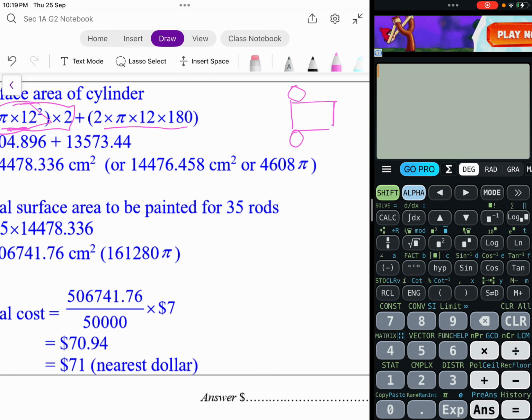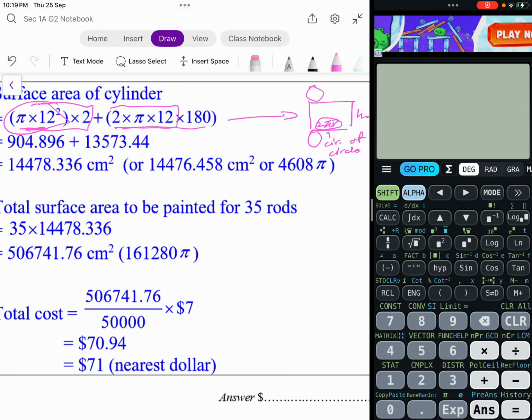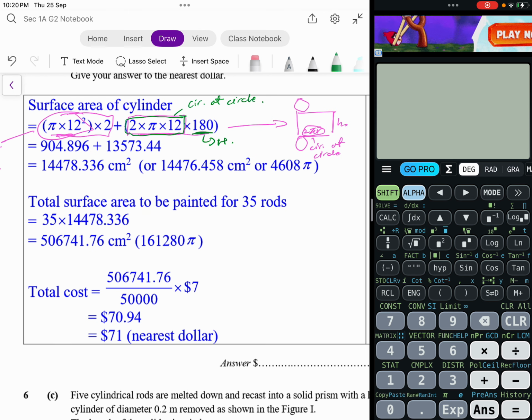And this is the rectangular length, which is your 2 pi r, circumference of circle, multiplied by height. Okay, solve and get your answer.